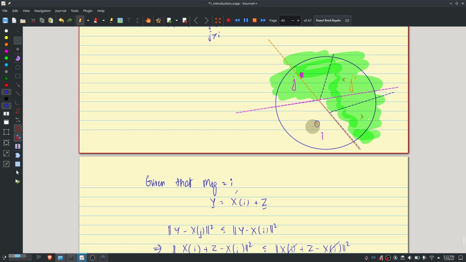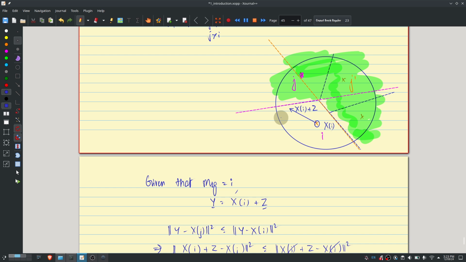The geometric view that you need to have is that you have this is your x of I, and what you receive is x of I plus z.